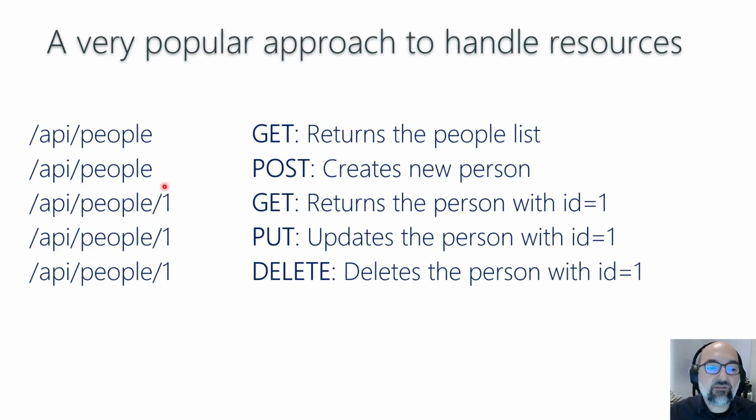So this is a very popular kind of API where you have /api/people, for example, asked with get, which returns the people list, or asked with post, which creates a new person, or /api/people/1, for example, with get, which returns the person with ID equal to this value, or put, which updates the person, or delete, which deletes the person.